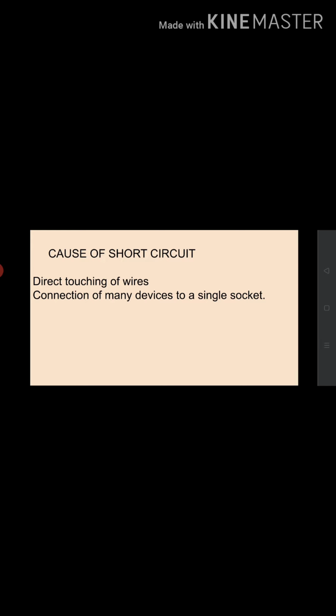So, if the insulation has come off, there is a chance of direct contact of wires. This may result in excessive current in electrical circuits. Another reason can be the connection of many devices to a single socket that causes overload in the circuit.